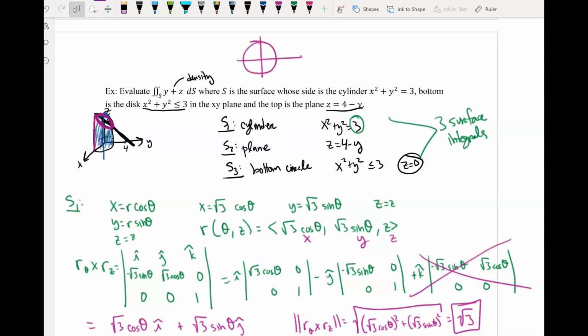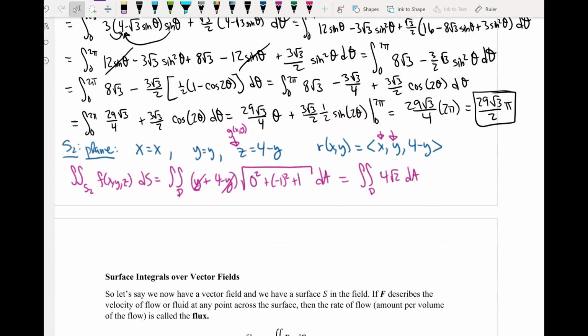It's a circle that was given to us by this cylinder. So the circle radius is square root of 3, all around. So basically we can just convert this to polar. So we can convert this to the double integral, 4 square root of 2, change dA to r dr d theta. We know that our radius is from 0 to square root of 3, and then theta from 0 to 2 pi.